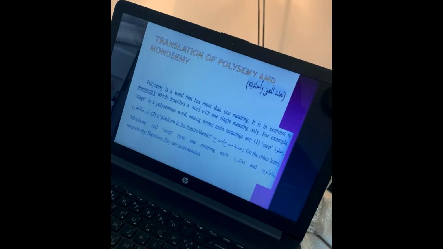For example, stage is a polysemous word among whose main meanings are steps, perhaps, or a platform in the theater. And on the other hand, there are words like telephone and sleep, which have only one single meaning, whether it's yanam or nom, and hatif as well. So these two words, hatif and sleep, are the ones that have only one meaning.